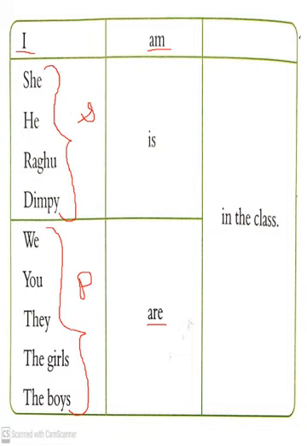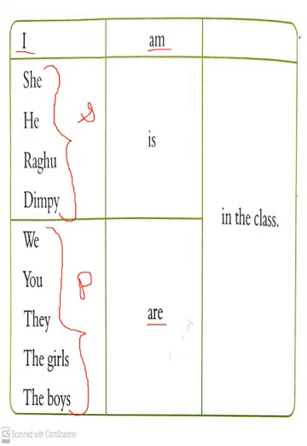So with I, we will always use am. With a singular pronoun or naming word or special name, we are going to use is.